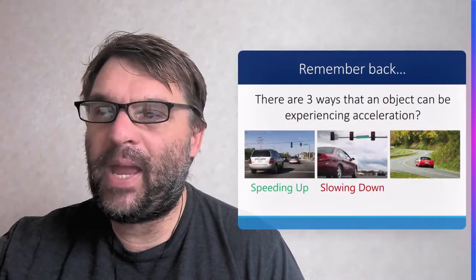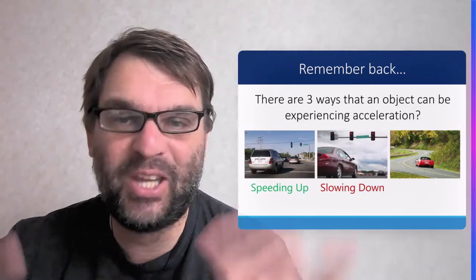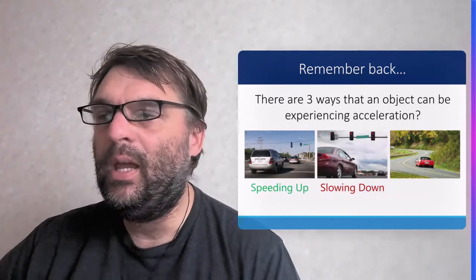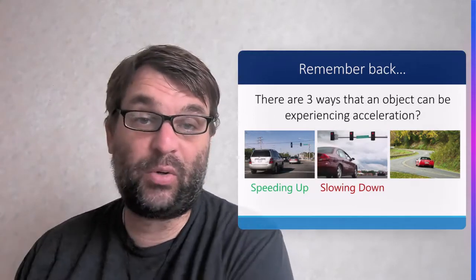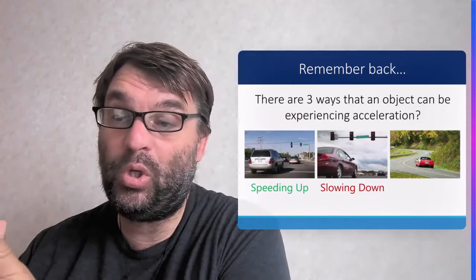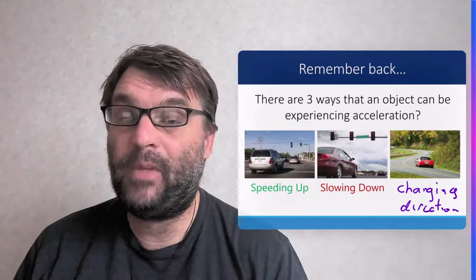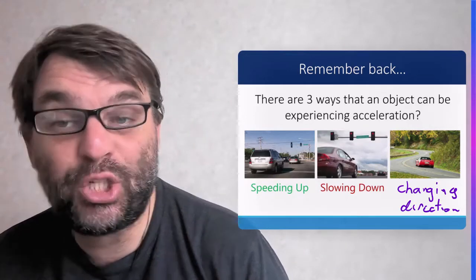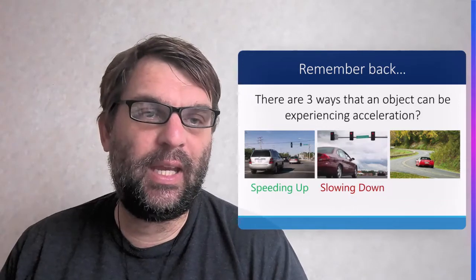Remembering back from your earlier life as a year 9, 10, 11 student, there are 3 ways an object can experience acceleration. There's speeding up, slowing down, but also changing direction. That's the third way that an object can accelerate.